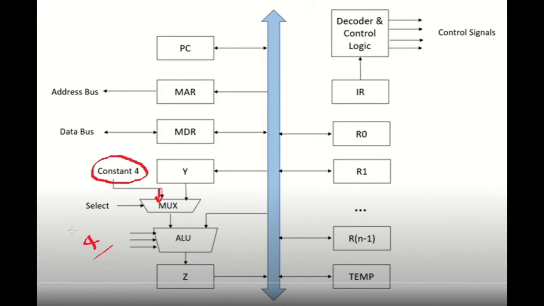So if we have to increase the PC to the next instruction, the PC has to be incremented by 4, and so the constant 4 has been put over here. The select allows either the constant 4 or Y to pass through to the ALU.